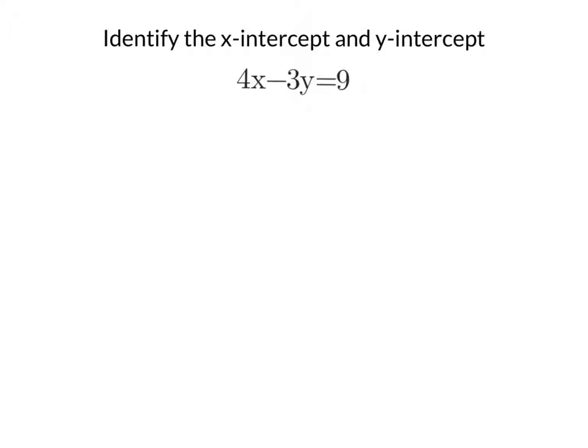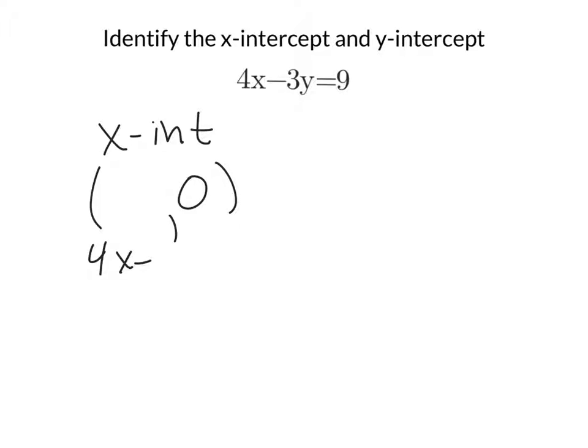In this next example, we're given an equation in what's called standard form, and let's use that equation to find the x-intercept and the y-intercept. Let's start with the x-intercept, and remember the x-intercept would be the point where the line crosses the x-axis, which means the y value would be 0. So we take that equation, 4x minus 3y equals 9, and replace the y with 0 and then solve for x.